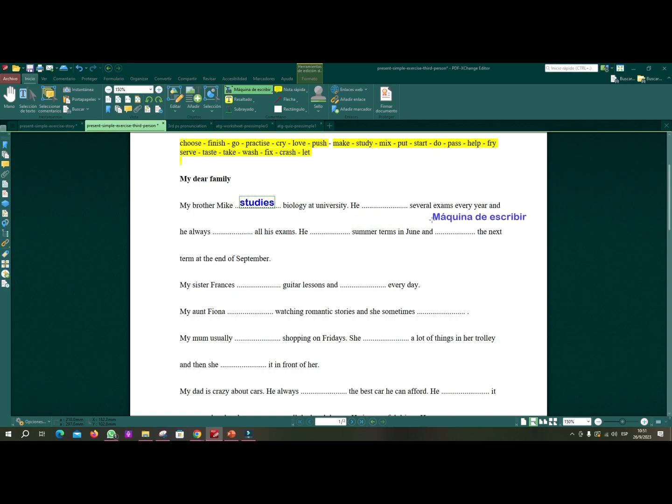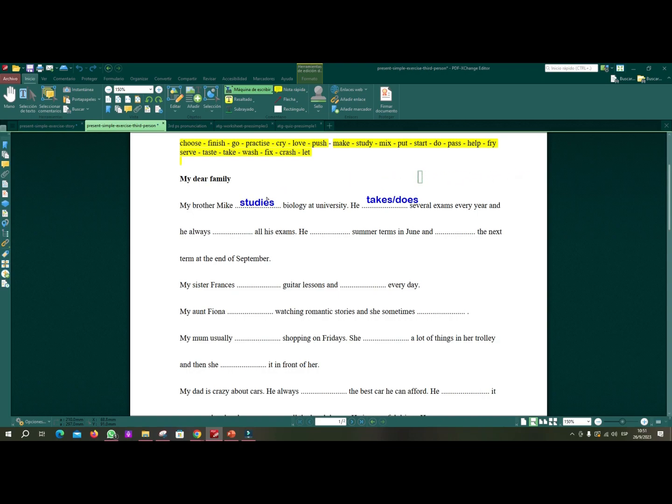He several exams every year, right? So he, we can say it takes or does also. Tenemos estas dos opciones acá, el toma muchos exámenes o hace muchos exámenes cada año, right?